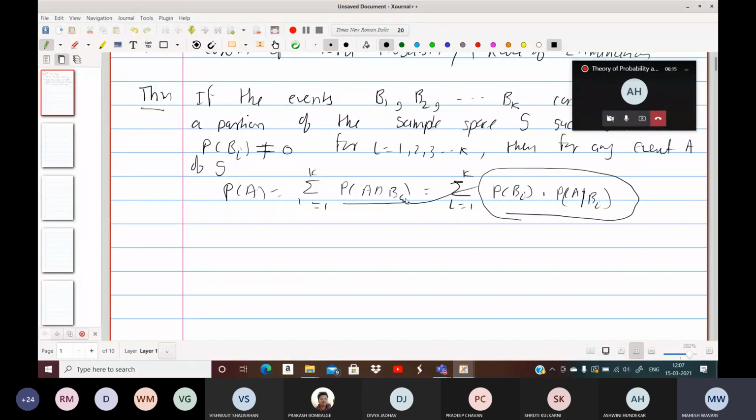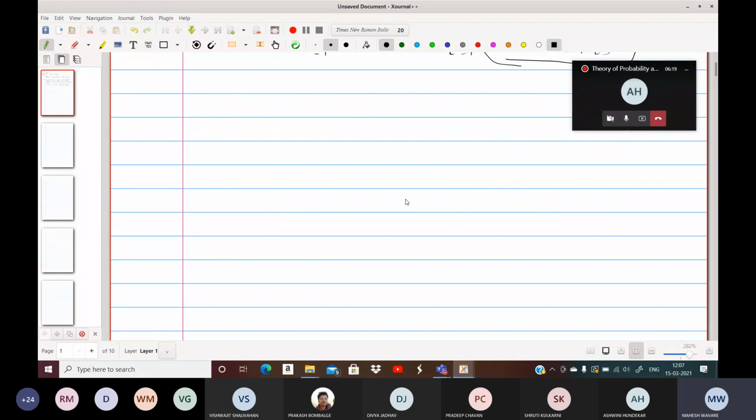So let us clarify it by using a diagram. First thing, it is known to us that B1, B2, Bk constitute a partition for sample space S. So let S be the sample space, and the events B1, B2, Bk constitute a partition for it.